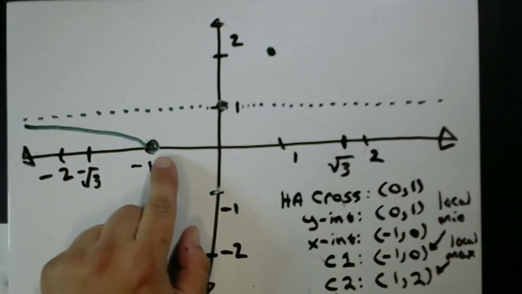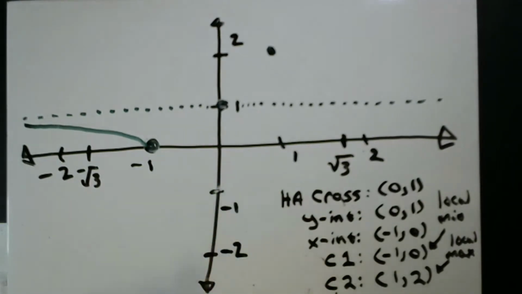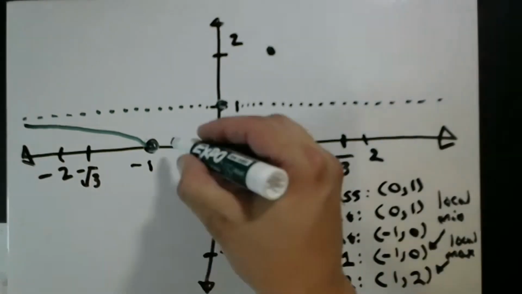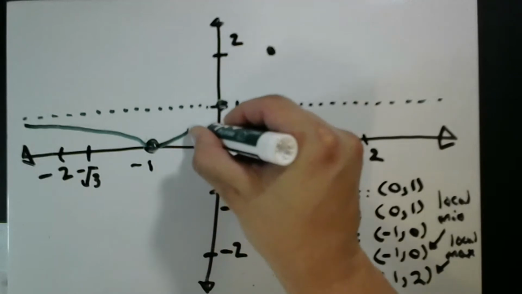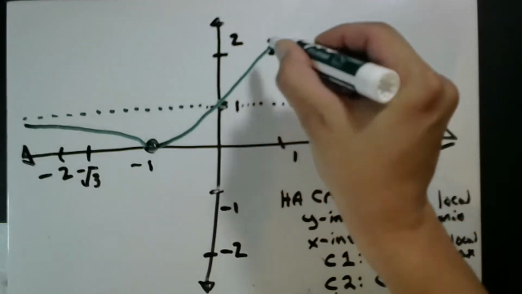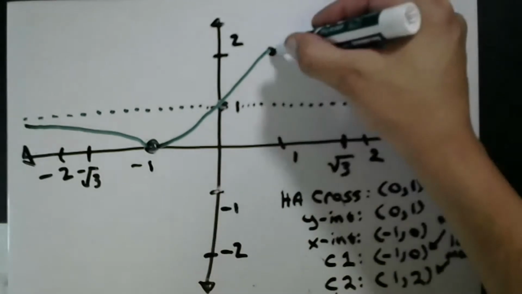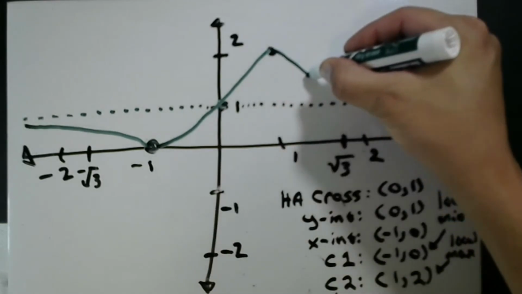And then it hits a bottom here at -1, because -1 is a local min. But then after -1, we find that the function is increasing from -1 to 1. So it's doing something kind of like this. But then at 1, it starts decreasing.